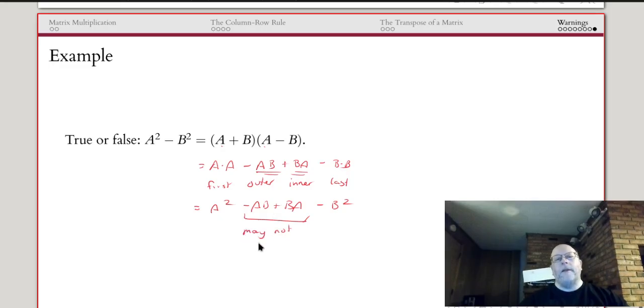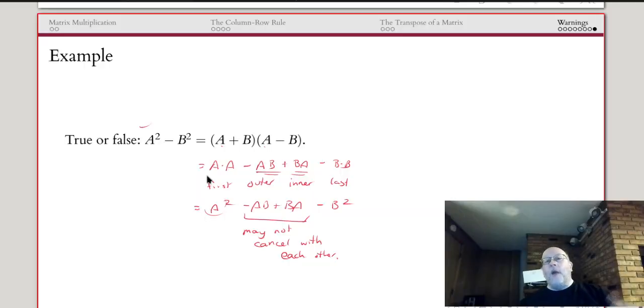May not cancel with each other. And so we can't say that the right side automatically just equals A squared minus B squared. This is another factorization law that works for numbers, doesn't work for matrices.